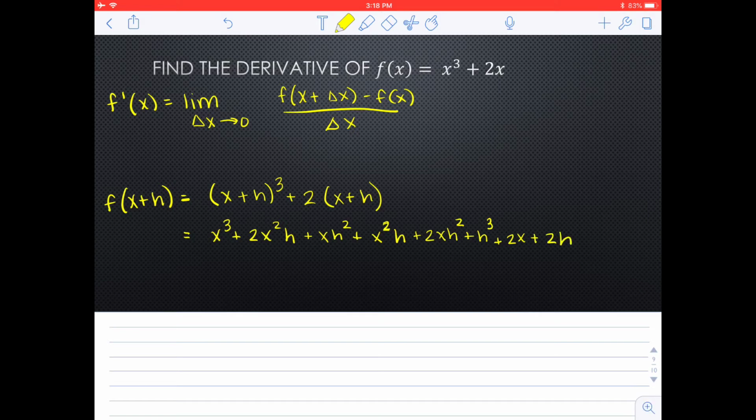I'm just looking to make sure everything looks right. And it does, okay? And then we have our minus our f of x function, which is x cubed plus 2x, so both signs are going to change.